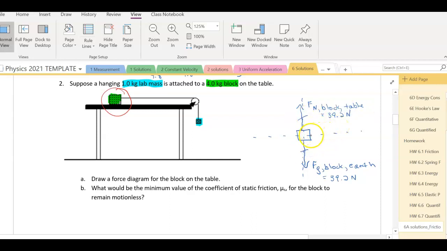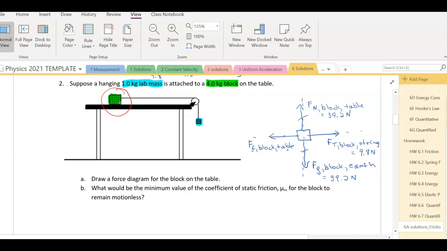The string over the pulley is applying a tension force on the block, and that tension force equals the weight of that 1 kilogram lab mass, so it equals 1 times 9.8, which is 9.8 newtons. The block is trying to slide against the table, so there is a friction force exerted on the block by the table, and we don't know yet what that is.